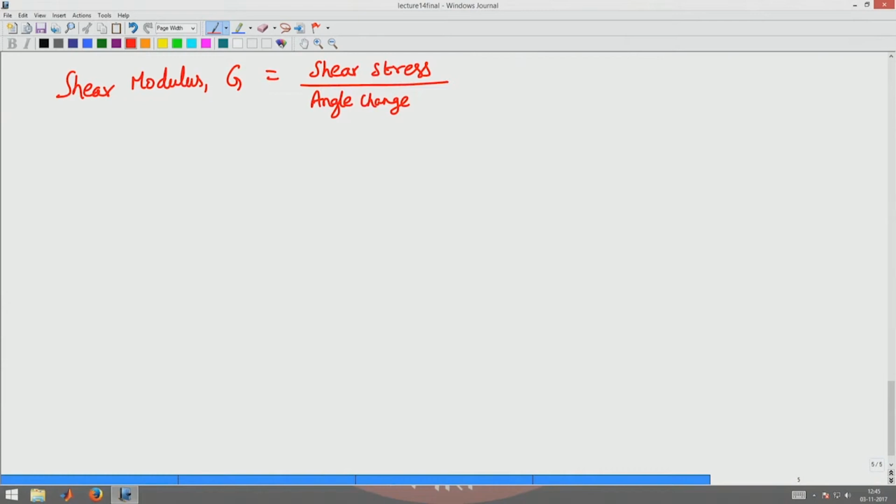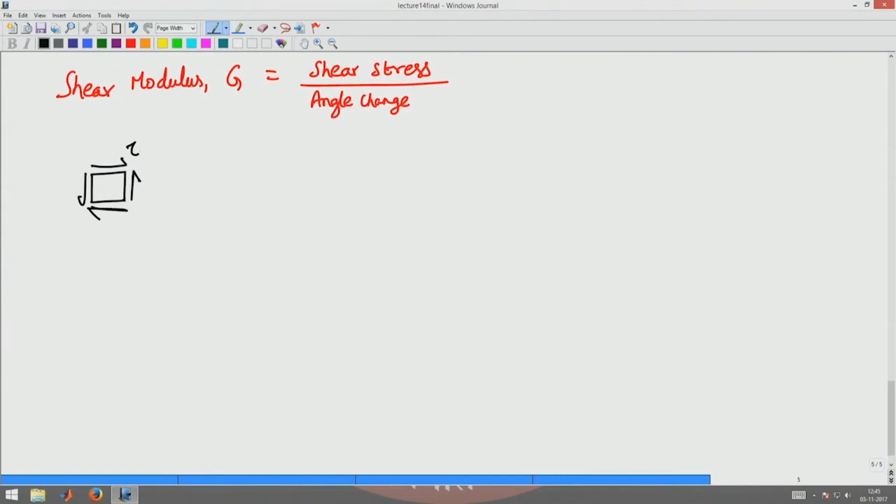Okay. Now, here what you do is you do a pure shear experiment wherein you take a block and you shear it like this, okay, with the shear stress tau.